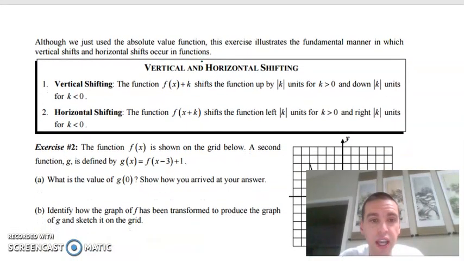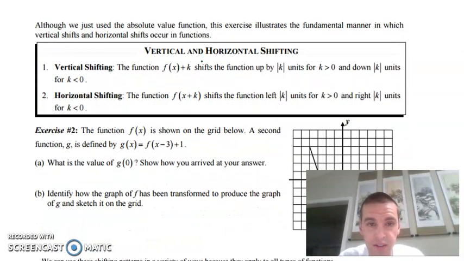So if we look at this idea of how something moves, there's a difference. There's something that's being added or subtracted to the outside of the original function versus something that's being added or subtracted to the inside of the original function. And if it's being added or subtracted to the outside, it's separate of it.